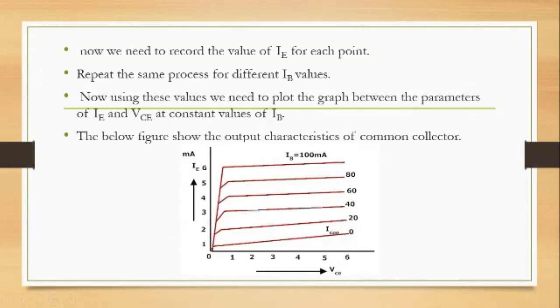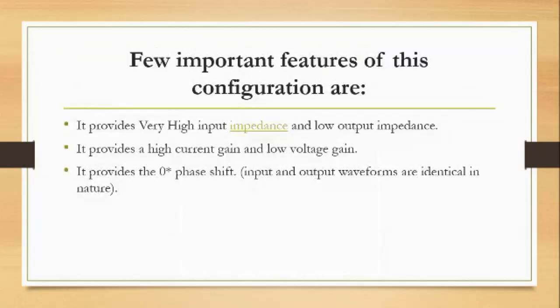Okay, so here ICO means leakage current of the collector current. So here, one thing: common collector is common for the input and output circuits. Next, a few important features of this configuration are: it provides very high input impedance and low output impedance.